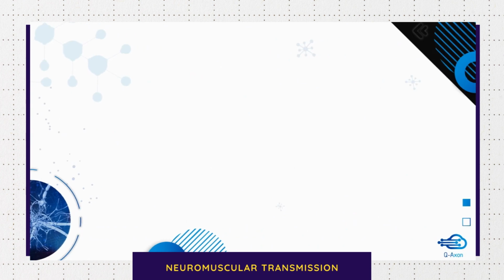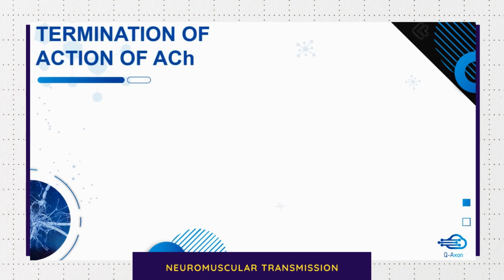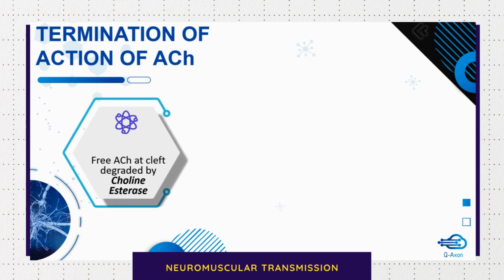Now, though we discussed the process of neuromuscular transmission, how is this process brought to an end? How is it terminated? That is important because otherwise we would have sustained stimulation of the muscle, which we do not want. Now, what normally happens is the free acetylcholine present in the synaptic cleft is slowly degraded by the enzyme cholinesterase.